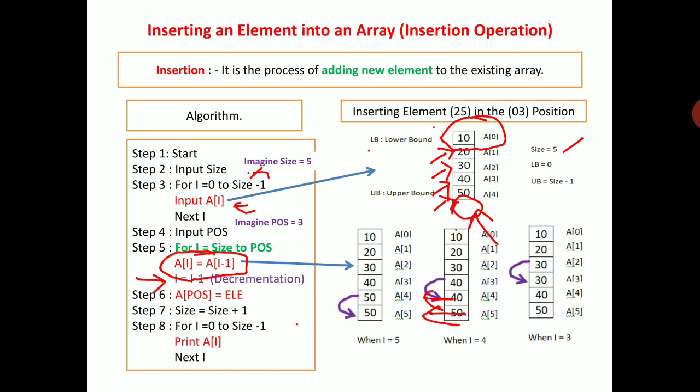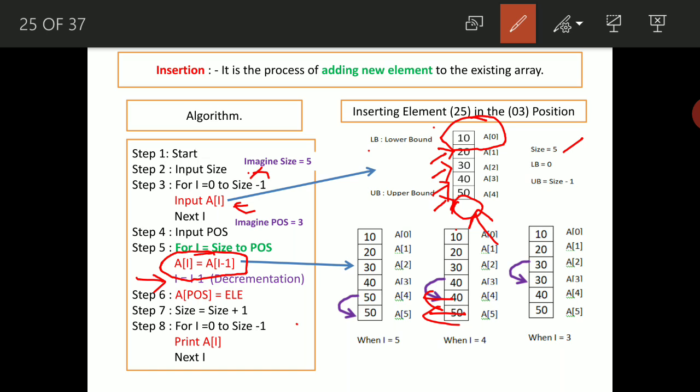Okay, and in the next, when I equal to 3, concentrate here. I have given the I values. When I equal to 5, what happens? When I equal to 4, what happens? When I equal to 3, A of I equal to A of I minus 1. I minus 1 means 2.